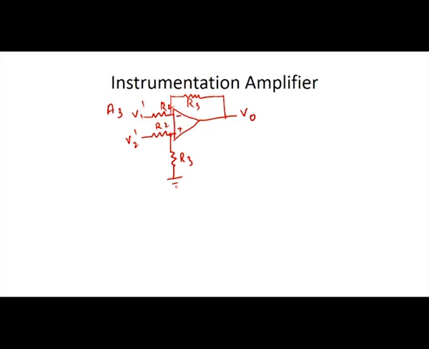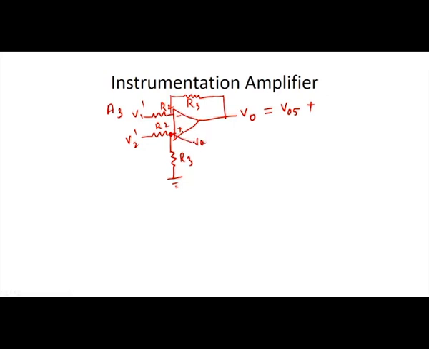For which, again using the superposition theorem, keep V2 dash 0, apply only V1 dash, and calculate the output voltage. In that case it is V0 5. For the next case, keep V1 dash as 0, apply V2 dash alone, and calculate VA at this node.